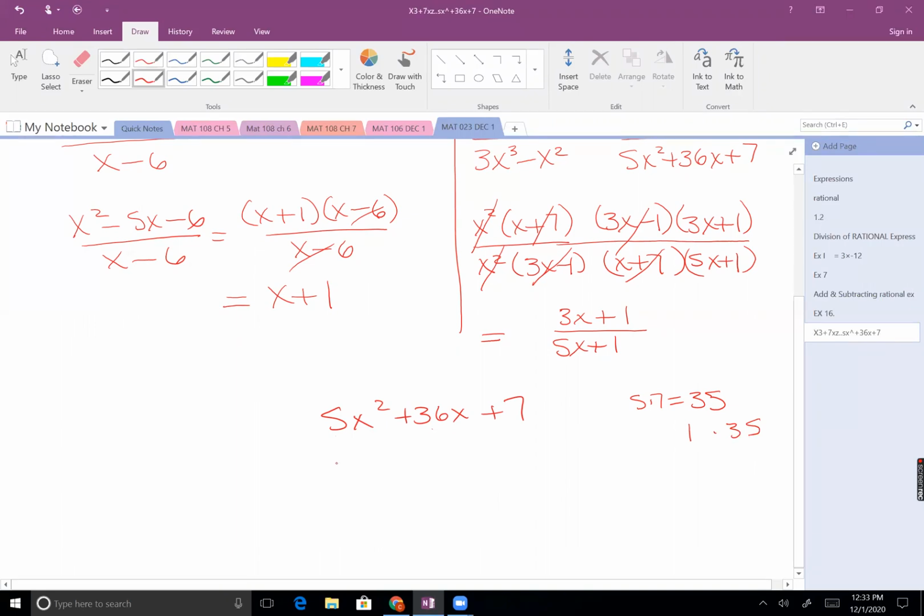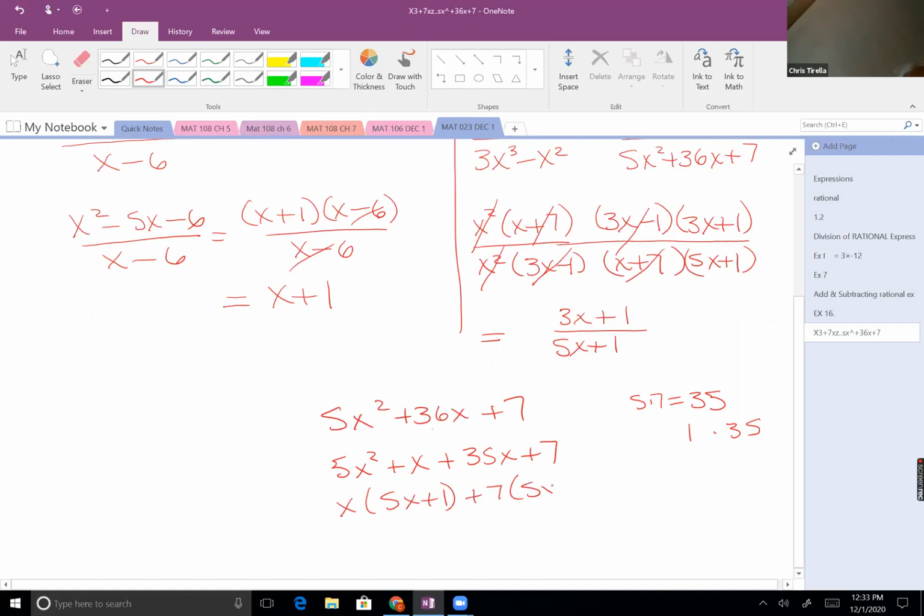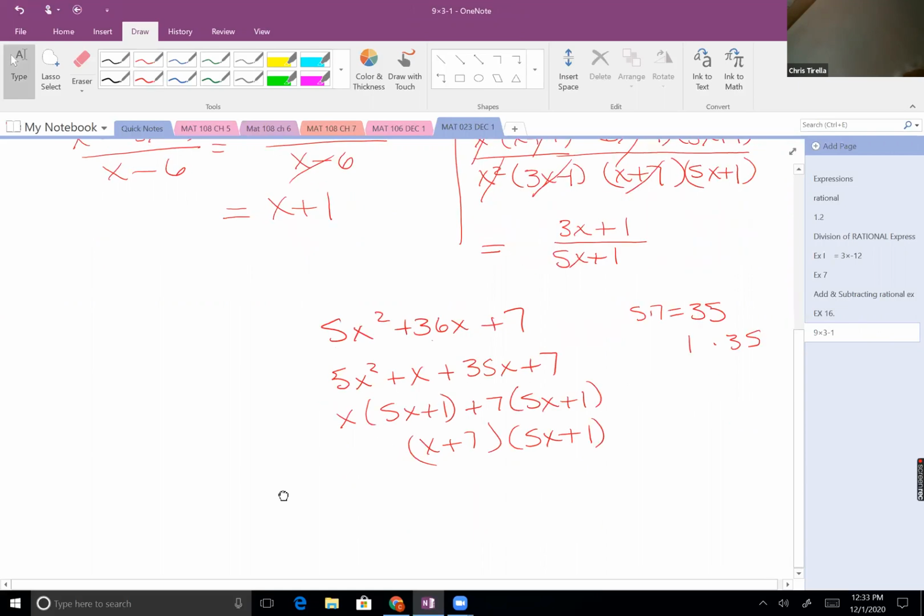And so that would give me 5x squared plus x plus 35x plus 7. Or 5x plus 1 plus 7 times 5x plus 1 will give us the x plus 7 times 5x plus 1. I think most people like the AC method.